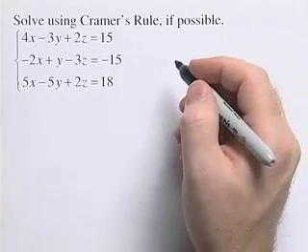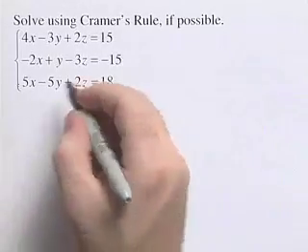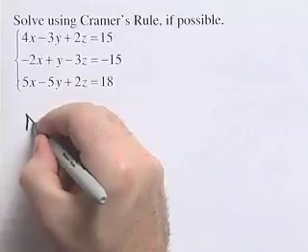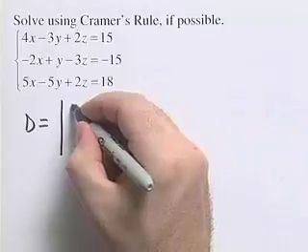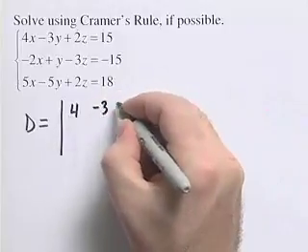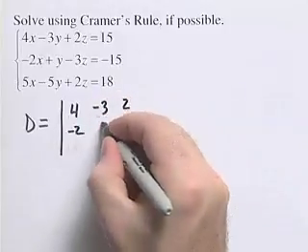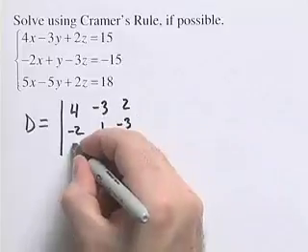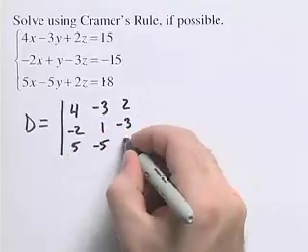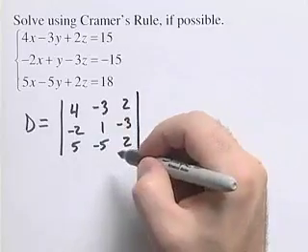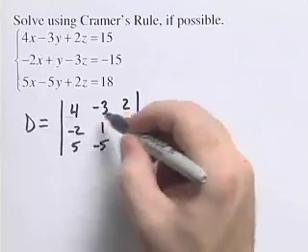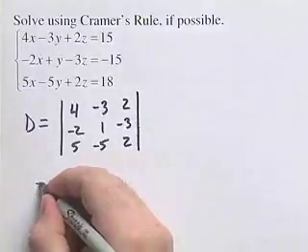The first thing that we need to do is find our determinant of the coefficients, D. So we need the determinant of 4, negative 3, 2, negative 2, 1, negative 3, 5, negative 5, and 2. Now, we don't have any zeros anywhere in this determinant, so we can expand across the first row.